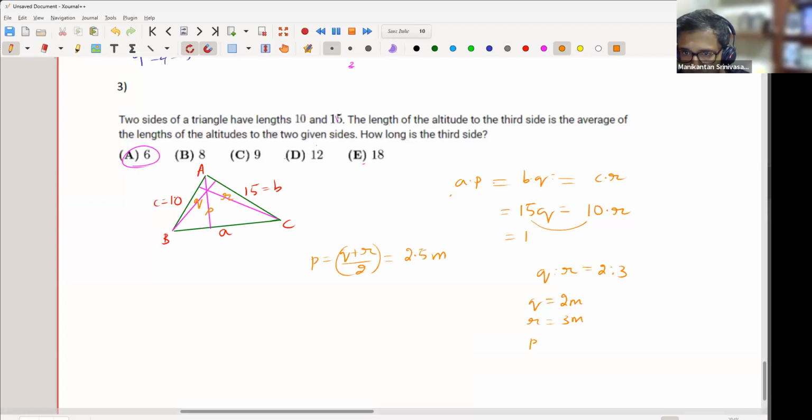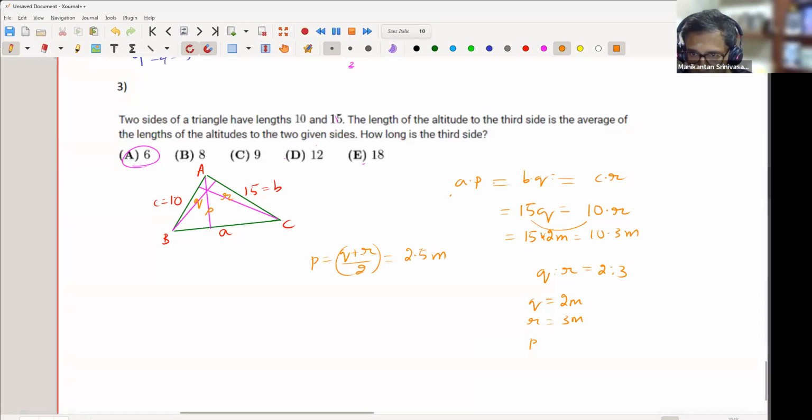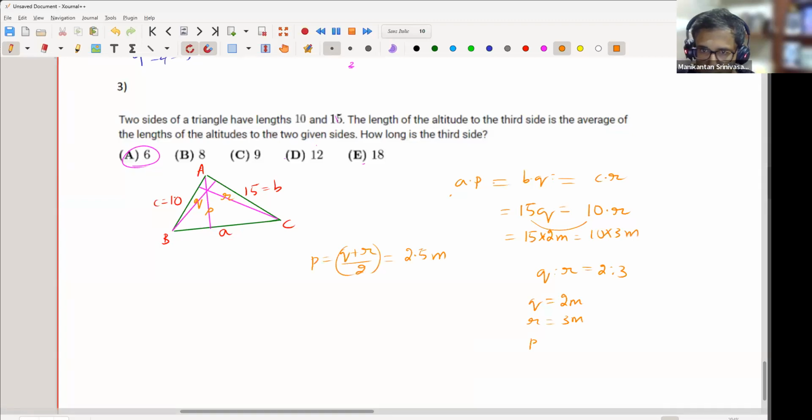So this is 15 into 2m, which matches with 10 into 3m. Sorry, decimal and multiplication will be confusing, so I'll call it 5 by 2m. So P is 5 by 2m. So what into 5 by 2m is what we want. This matches 30m, 30m matches.